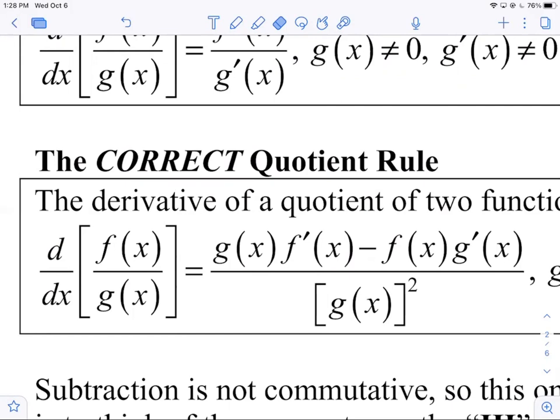But notice it's the denominator times the derivative of the numerator minus the numerator times the derivative of the denominator. So like the product rule with two factors, one on the top and one on the bottom, we're generating two terms, yes? But it's subtraction in between there. Is subtraction commutative? Heck no. So unlike the product rule that's hard to mess up as long as you're in the spirit of two terms, this one you can easily mess up if you take the derivative of the wrong one first.